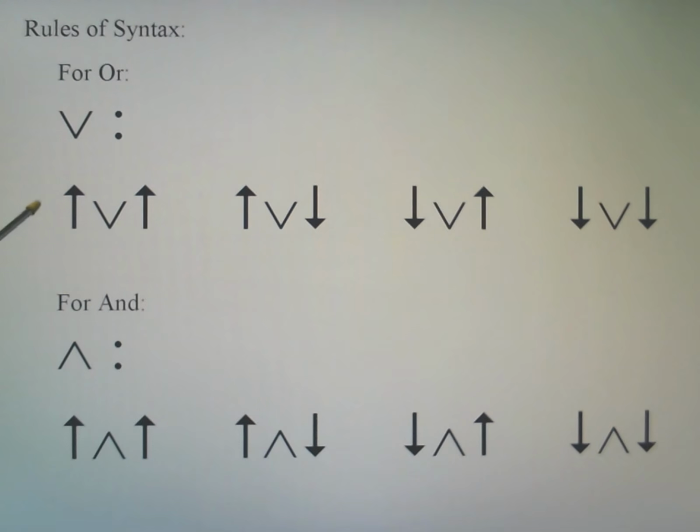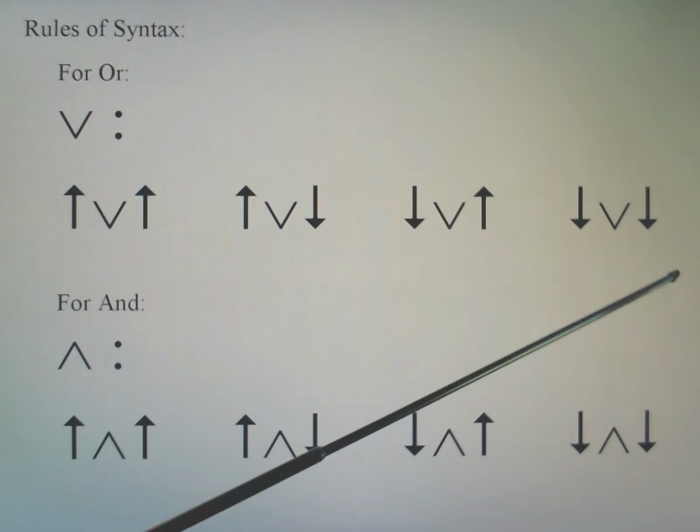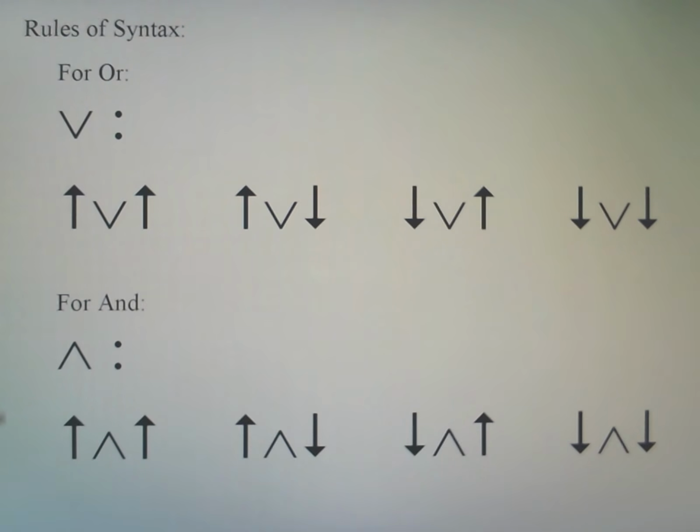So we have true or true, true or false, false or true, false or false. For and, we have exactly the same thing because it requires 2 propositions as well. So we have true and true, true and false, false and true, false and false.